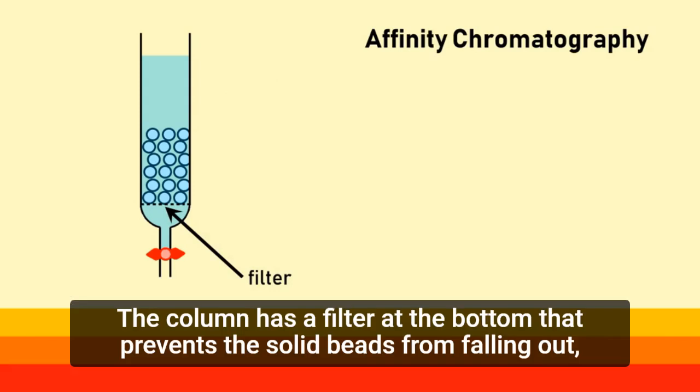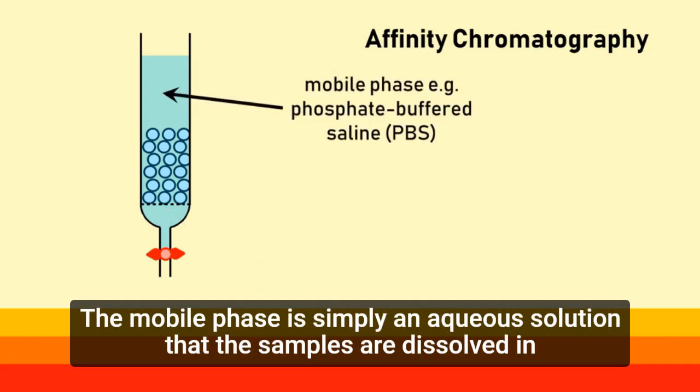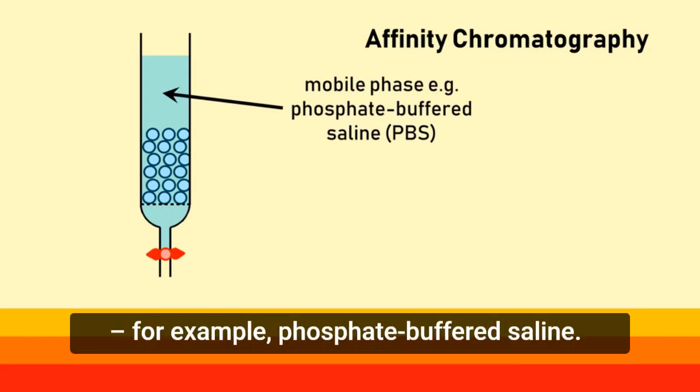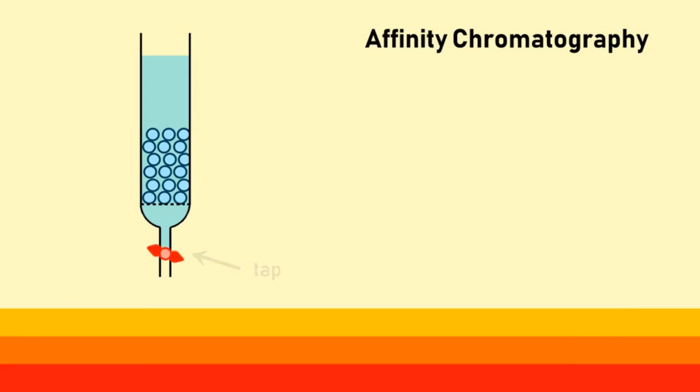The column has a filter at the bottom that prevents the solid beads from falling out but allows the liquid mobile phase to pass through. The mobile phase is simply an aqueous solution that the samples are dissolved in, for example phosphate buffered saline. There is a tap that allows us to control when the mobile phase can leave the column.